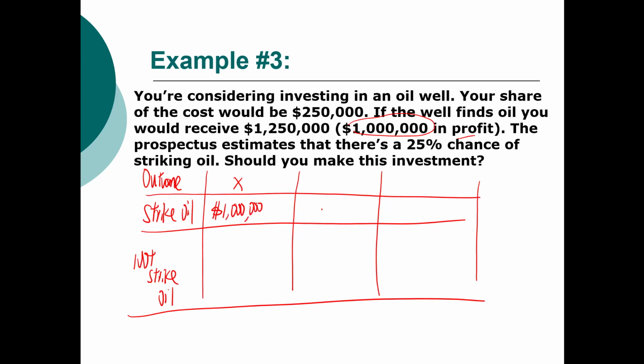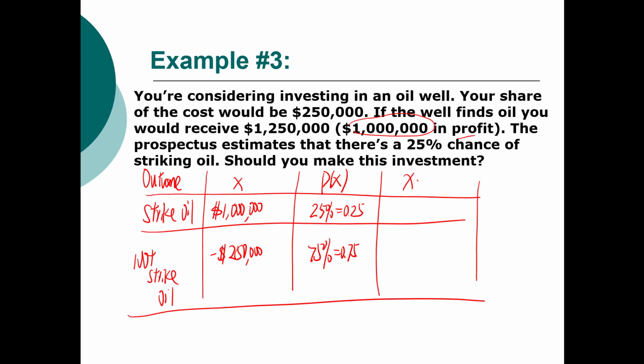If you do not strike the oil, then you have a $250,000 loss. The probability of striking oil is 25%, 0.25. Then the probability of not striking oil, since you only have 2 outcomes and the total probability is 1, is 75%, which is 0.75.